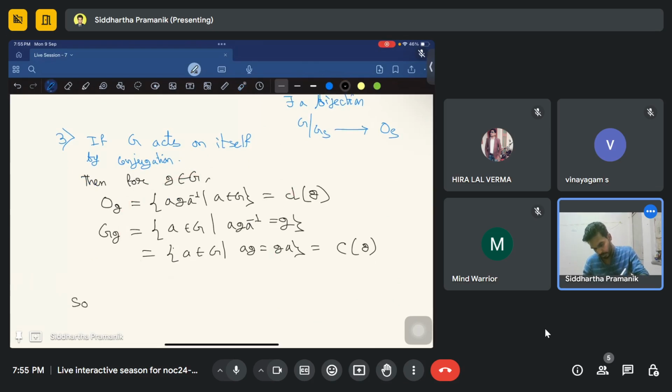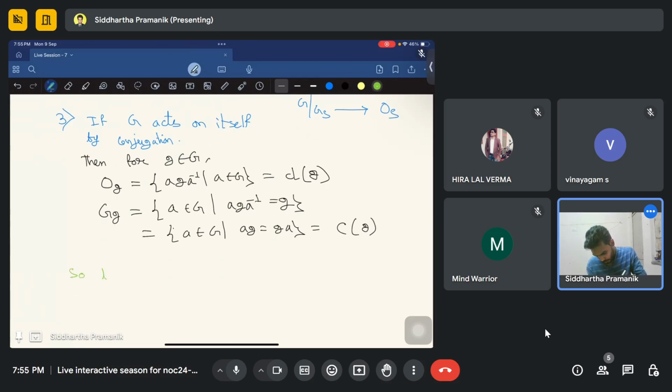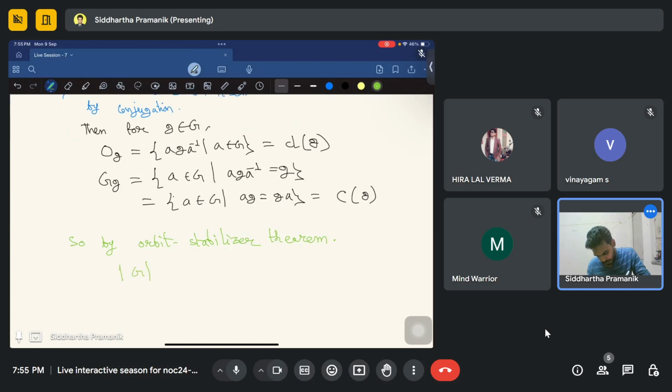Let me write it. So by the orbit stabilizer theorem, the order of G is the same as the order of the conjugacy class times the order of the centralizer, or maybe the other way, just in the same form we have done.